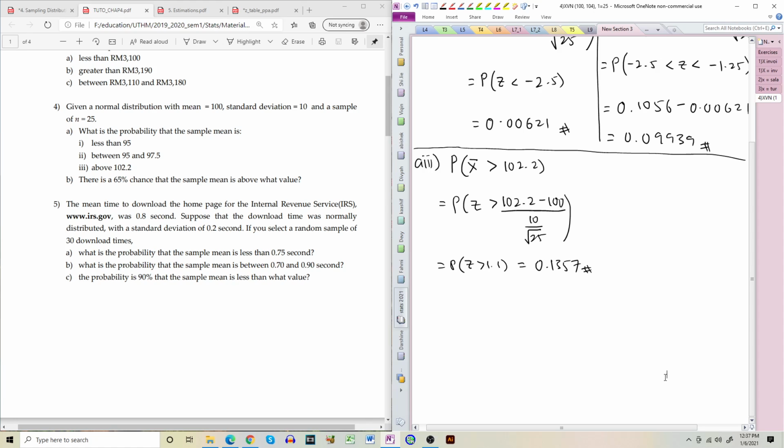Now let us go for B. For B, there is a 65% chance that the sample mean is above what value, which means you need to find the K now. So let's say X bar is greater than K, 0.65.